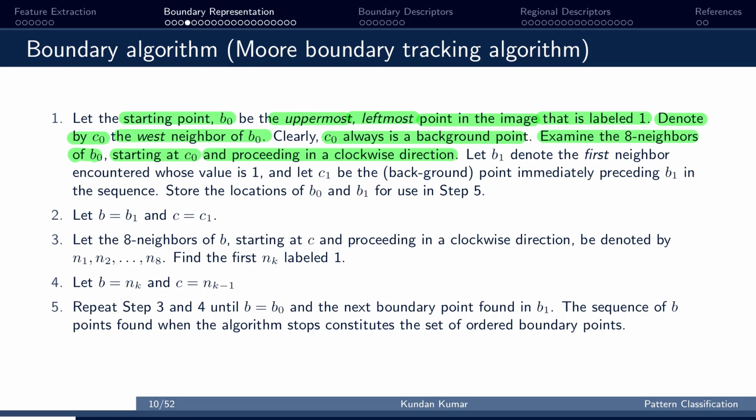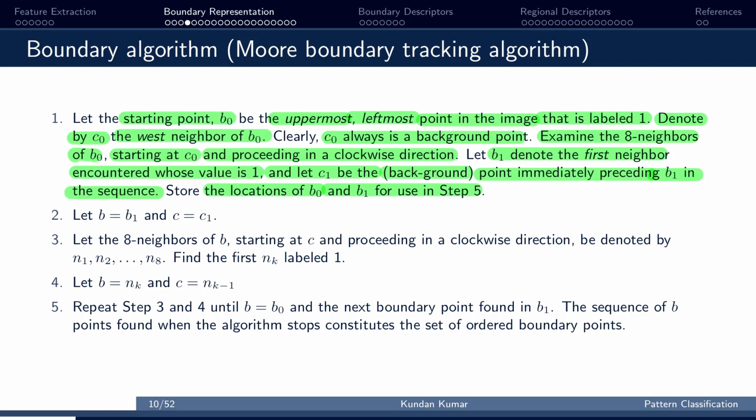That means we will traverse in the clockwise direction starting from C0, and we will traverse the 8 neighbors of B0. So let B1 denote the first neighbor encountered whose value is 1, okay. Then obviously the preceding pixel will be denoted as C1, and that will be our background pixel. That is also the point immediately preceding B1 in the sequence. Then we will store the location of B0 and B1 to use in the representation of the boundary.